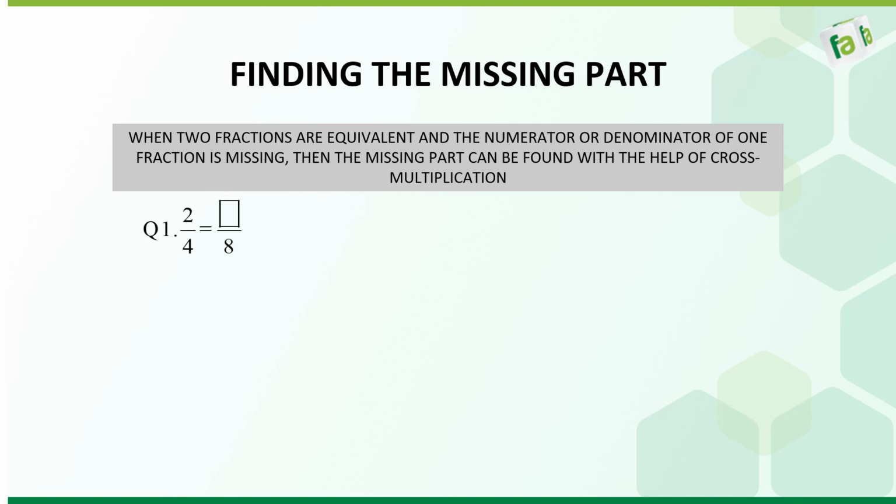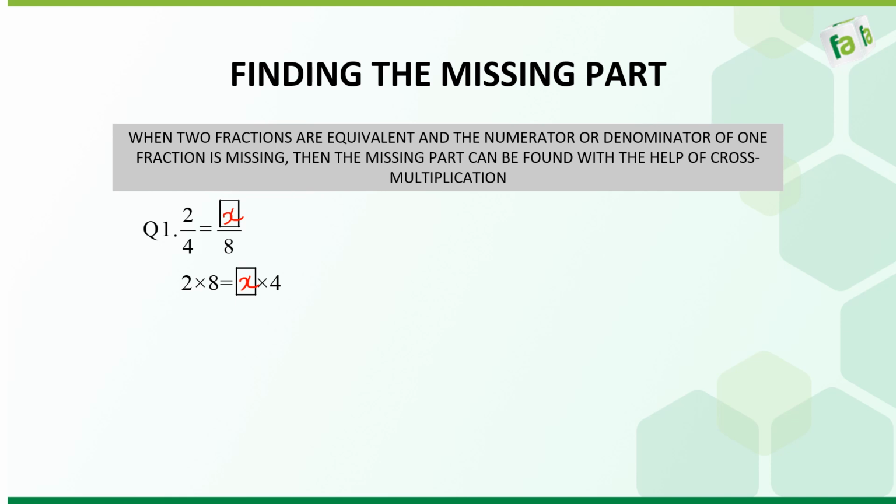Here is the first question. 2 by 4 is equal to missing part by 8. Let's take this missing part as x. Now, by cross multiplication, we can write it as 2 into 8, which is equal to x into 4.